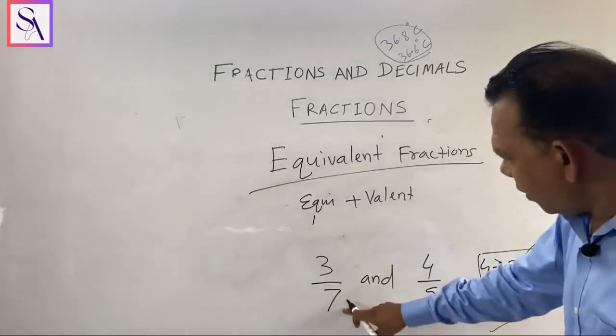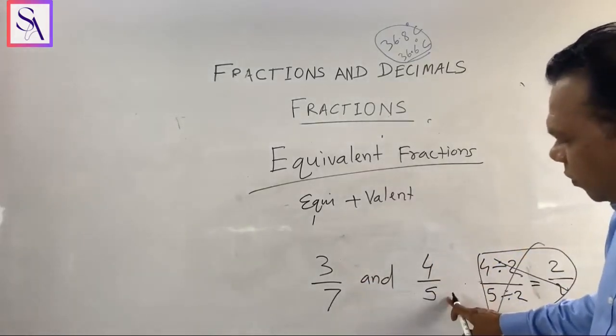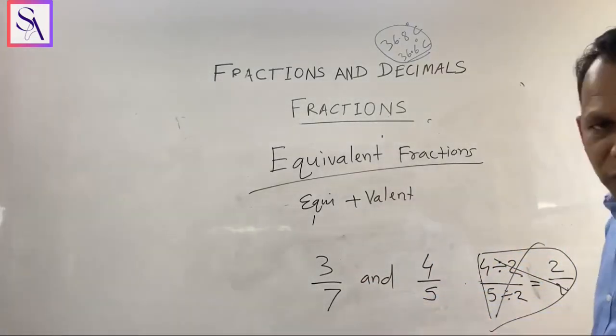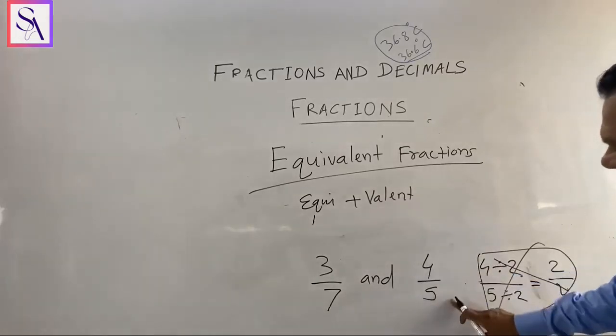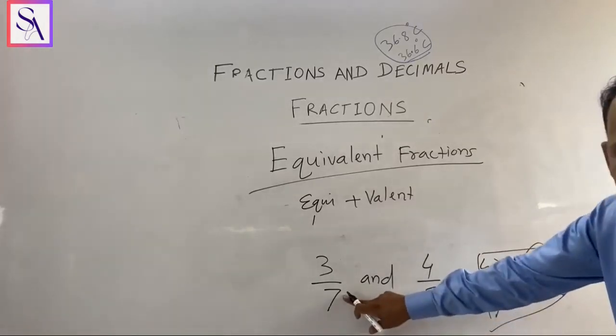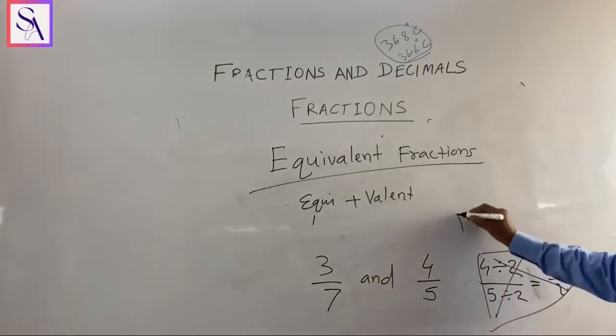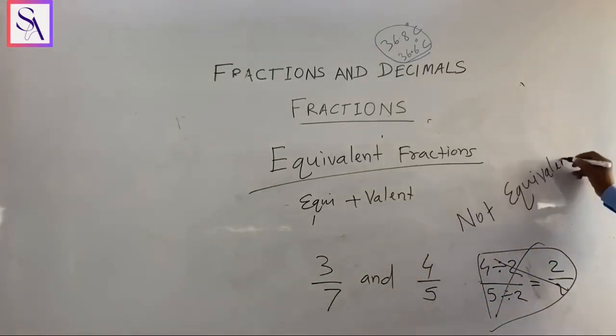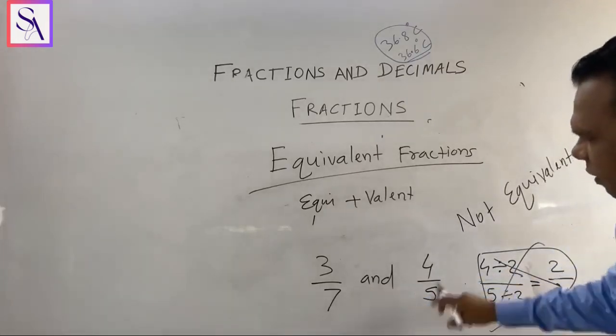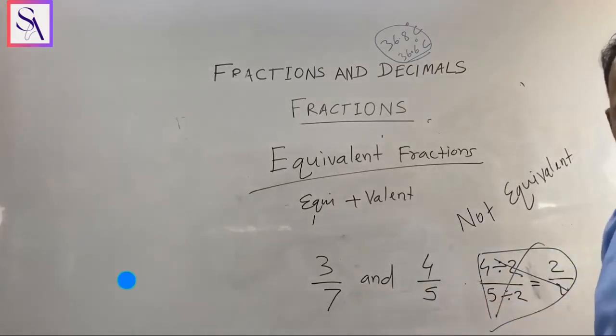So 3 by 7 and 4 by 5 are not equivalent because this is not getting reduced to get this value, right? So these two fractions are not equivalent. It means that the value of 3 by 7 and 4 by 5 is not equal.